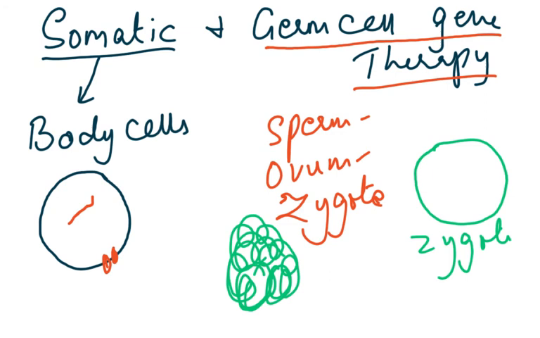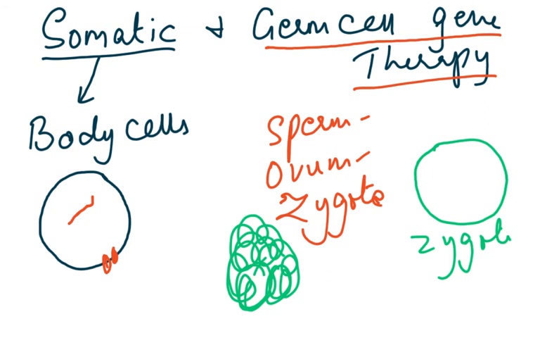The oocytes would be harvested from her ovaries in the normal way. Then the correct allele of the CFTR gene could be injected into an egg, and this egg fertilized by a sperm to produce a zygote.